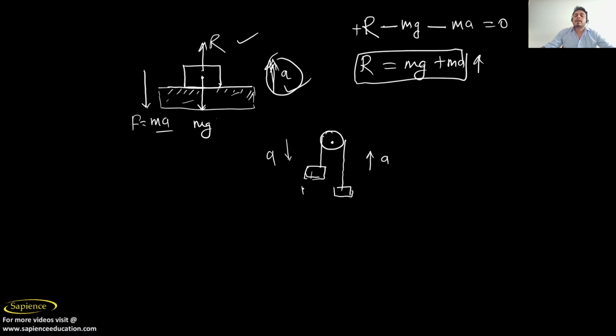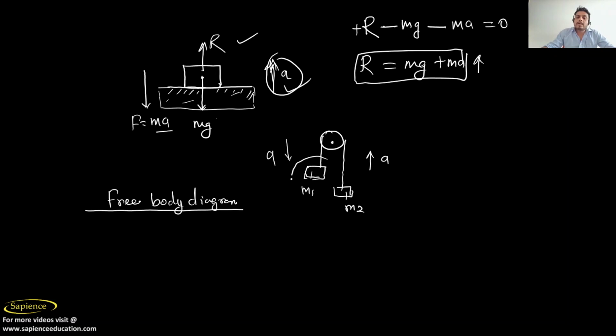Suppose there is a mass m1 and this mass is m2, so you need to find an equation. For this you need to make a free body diagram. You know about free body diagram? Free body diagram means we should include all the forces acting on that particular object, and we should forget the rest.